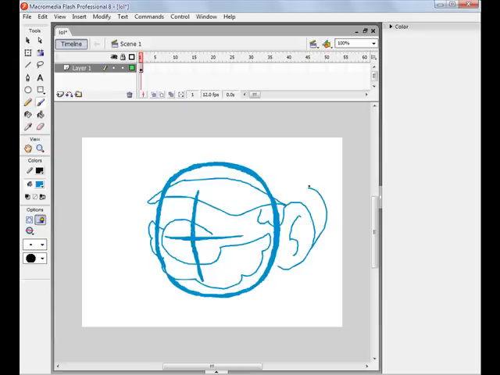And then here we go. This is probably the hardest part for me, making the hat. And just remember, you can erase any lines that you don't like.